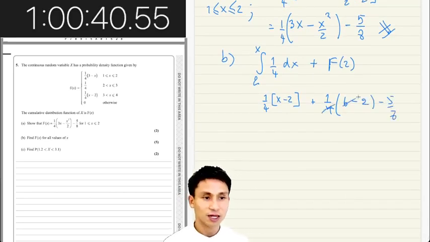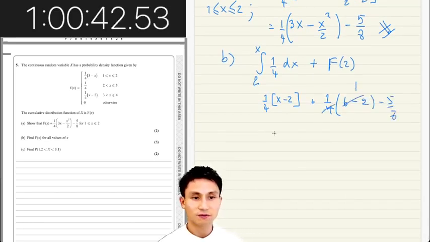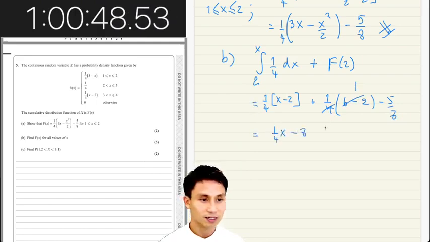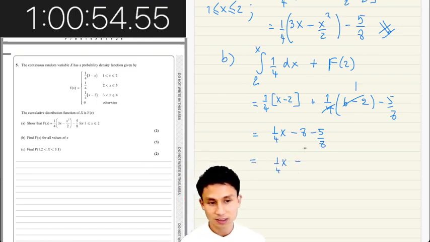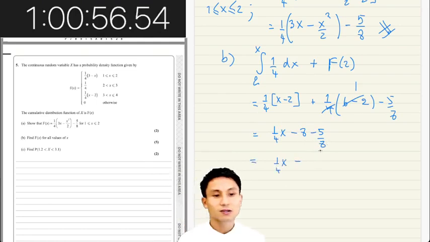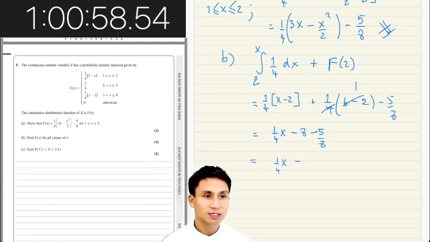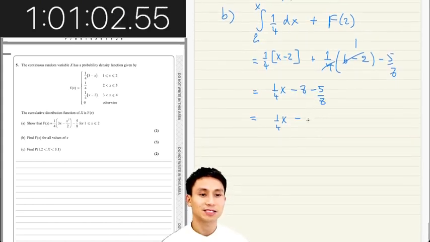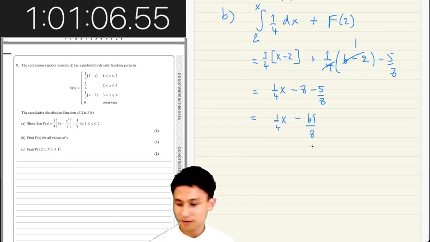So 6 minus 2 is 4, so that's just 4 minus 5 over 8. If I'm expanding everything, I get 1 over 4 x minus 8 minus 5 over 8. So that would be 1 over 4 x minus 8 times 8 is 64, minus 5 is 69, so 69 over 8, right?